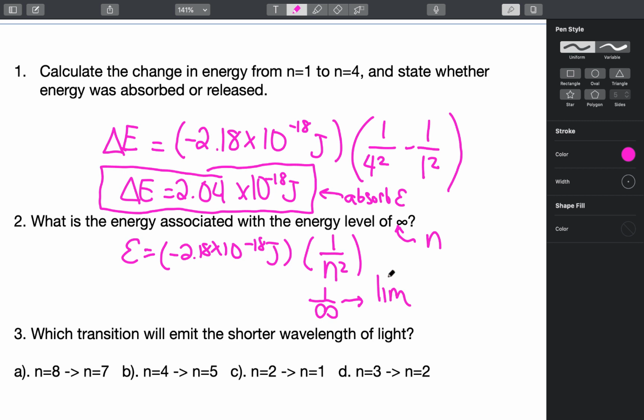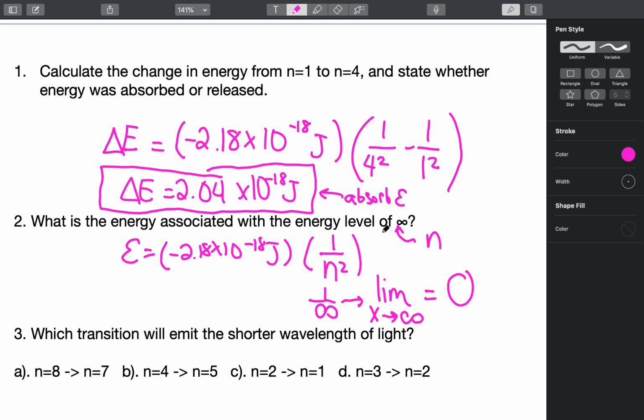So we can express this as a limit. What this is saying is that as x goes to infinity, the value of this equation approaches 0. So when n is equal to infinity, the energy associated with that energy level is equal to 0.